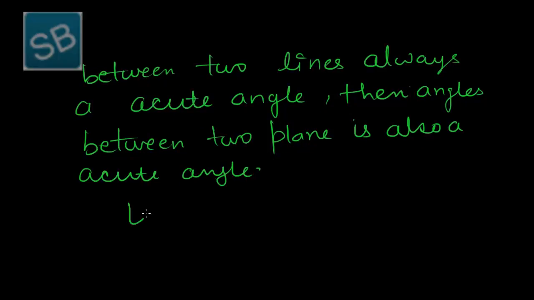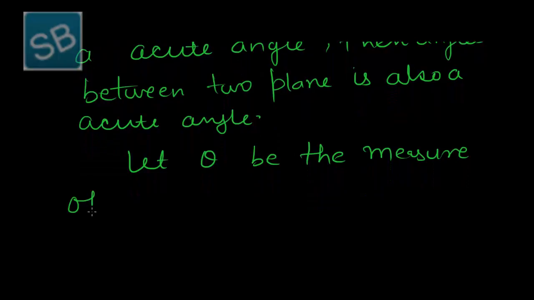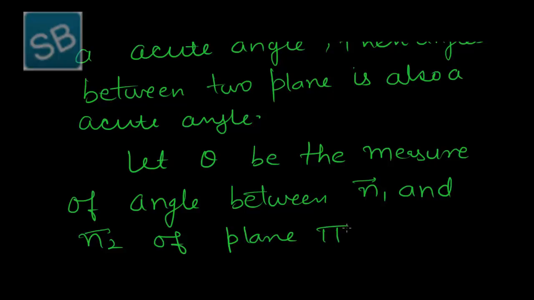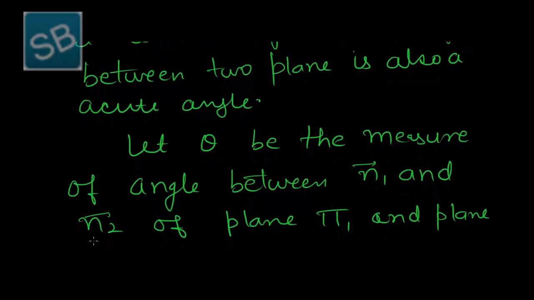Let theta be the measure of the angle between normals n1 and n2 of plane phi 1 and plane phi 2.